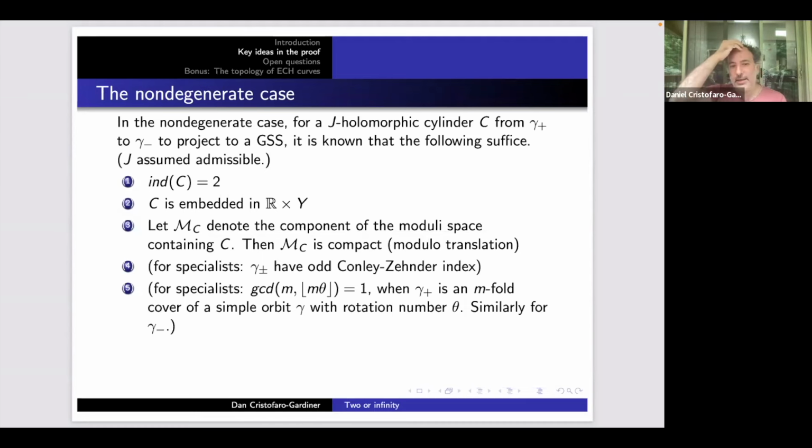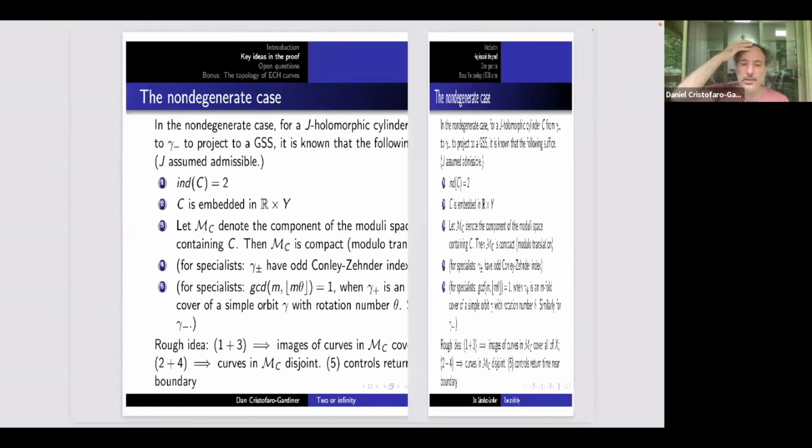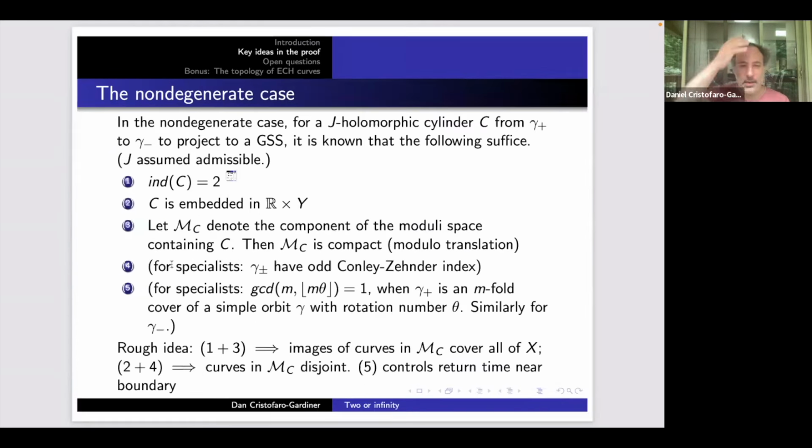So let me give at least a general sense of why these criteria are important. Basically, what 1 plus 3 are guaranteeing you is the kind of thing I was saying before. I have a 2-dimensional family of real 2-dimensional objects.